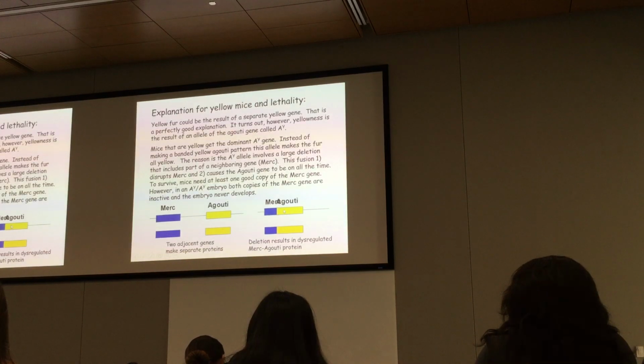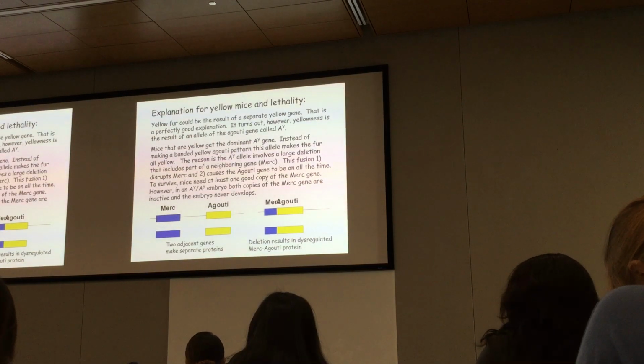This activity overrides the little stripe that should be produced. It doesn't produce any Merck, but you still get Merck from the other chromosome. So the heterozygote AYA is good because you do produce Merck. Okay. Make sense? It's kind of a slick little example of what's going on with two genes.